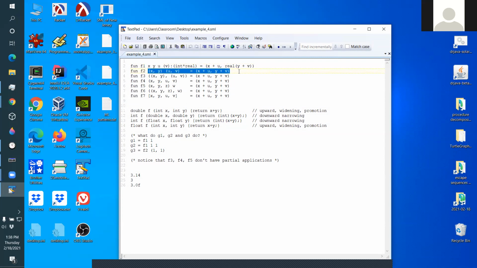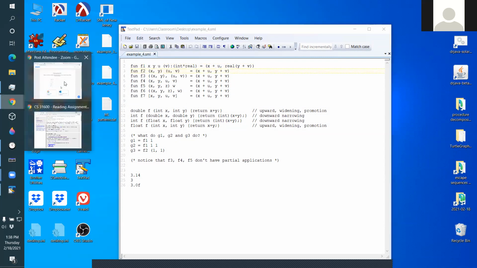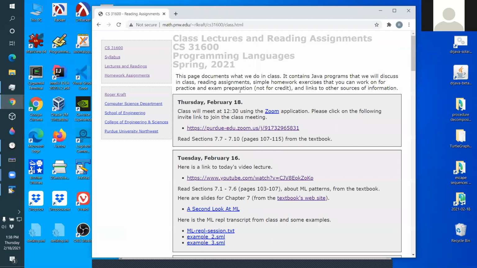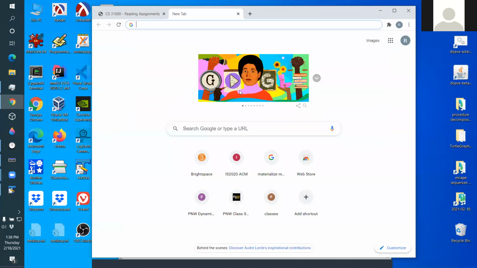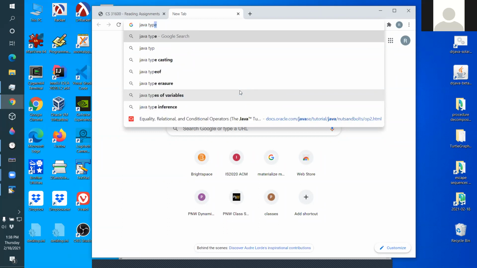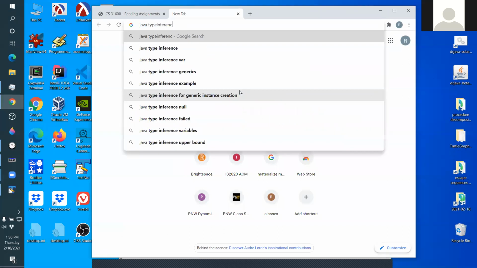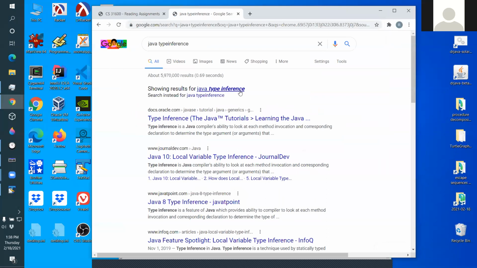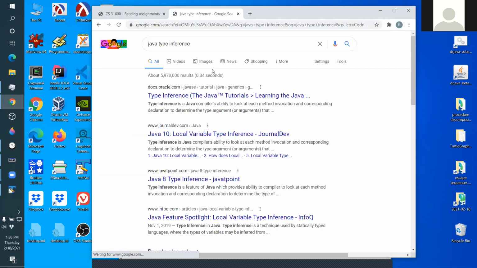Okay, ML invented that. Now, for example, if you Google Java type inference, you'll find lots of information about type inference in Java. It's part of Java now.